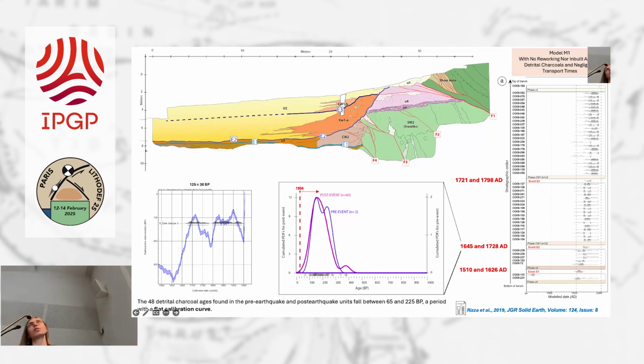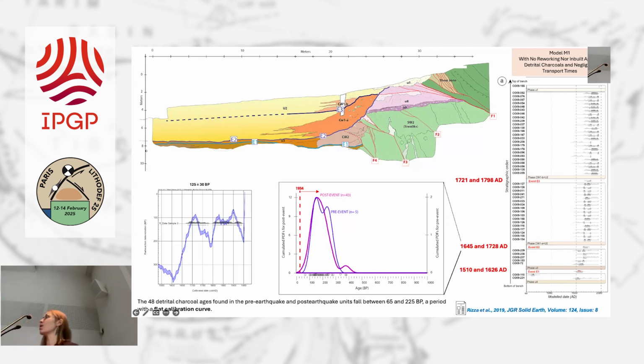We made a first model where we put the 69 samples in an OxCal model, telling it we think we have three event horizons, 1, 2, and 3, and asking what the age of the earthquakes is. OxCal gives you these results. One of the best event horizons for a surface structure is this one, because you have a fault termination just there.